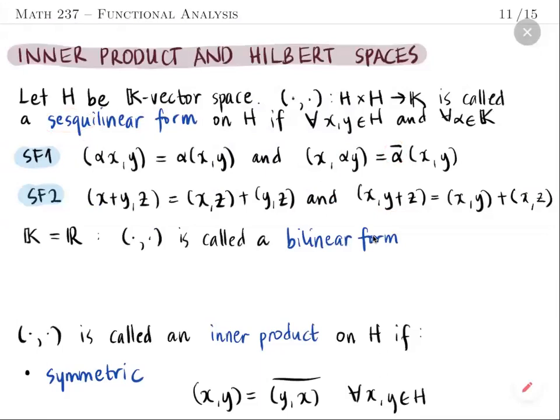Therefore, a sesquilinear form is linear with respect to the first argument, and it is anti-linear with respect to the second argument. And in the case where the field K is the set of real numbers, then instead of a sesquilinear form, we call it a bilinear form.